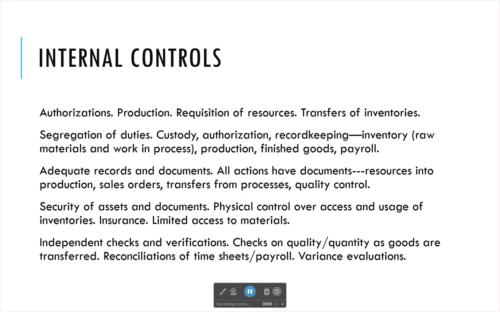Independent checks and verifications, this comes about because if you're using standard costing and you notice some numbers are just crazy, I mean the costs are just out of control, and that's the variance evaluations. When you look at those and you see that there's some things that just don't make any sense at all, it's a cue to you that you need to check into it.